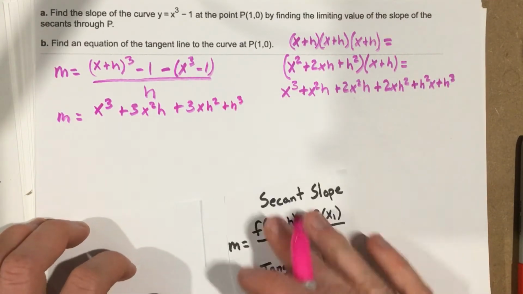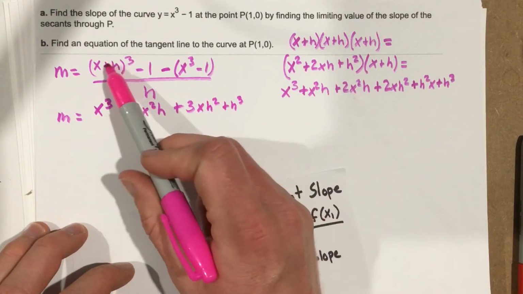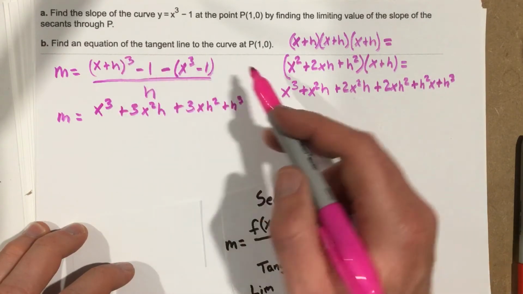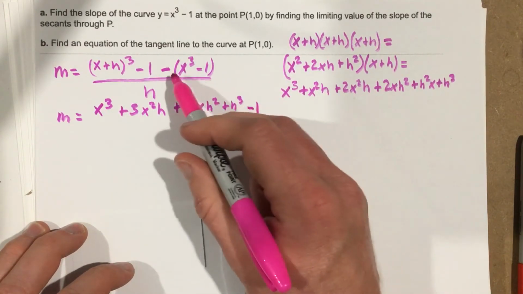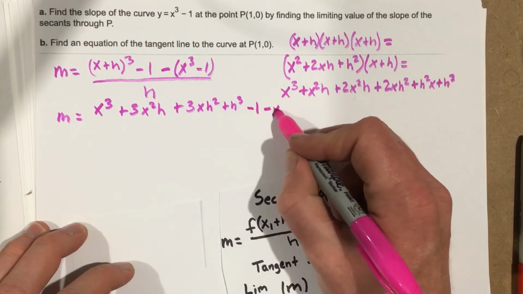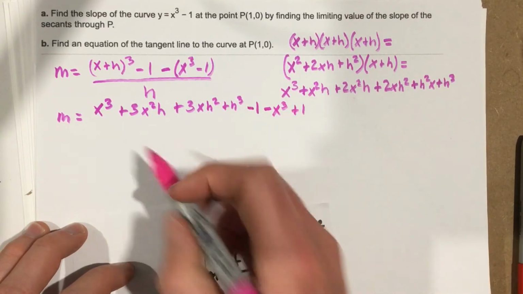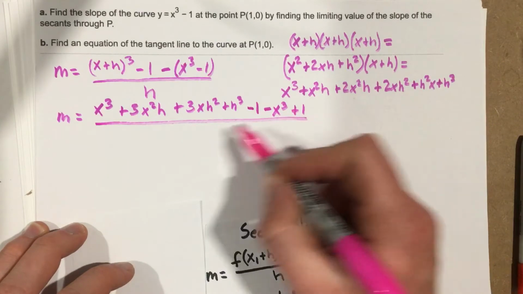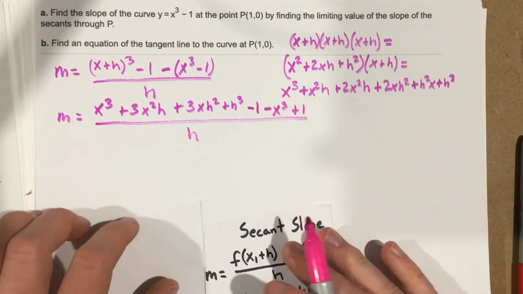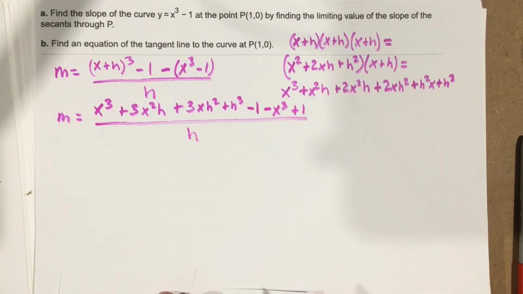And then if we have the minus 1 afterwards and we distribute the negative, we get minus x cubed plus 1, all over h.